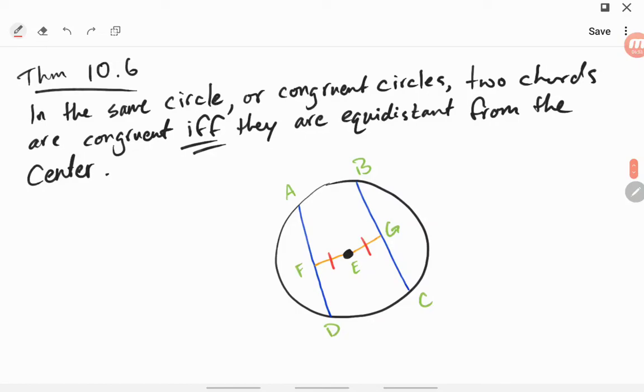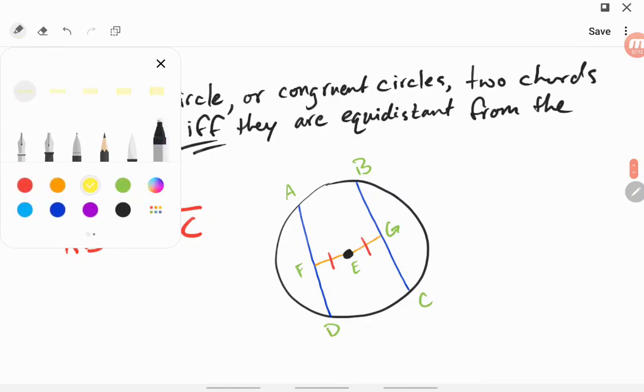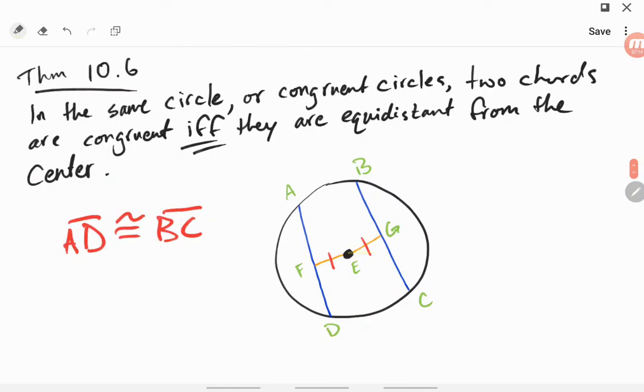And I can state that segment AD, that chord, is congruent to chord BC if and only if those two chords are equidistant. Only if they are equidistant. So that means I'm talking about these two segments right here.